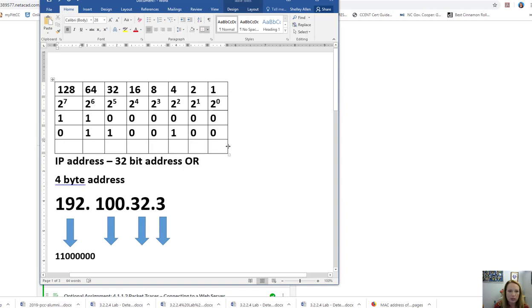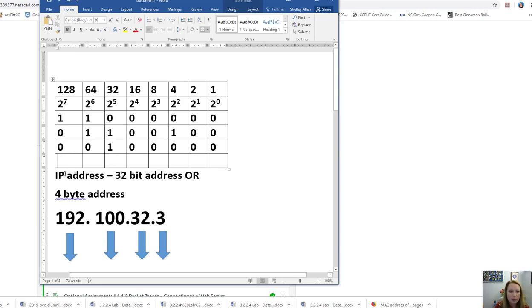Then for 32, that should be an easy one. Let's see. Oops, it's so easy I went right by it. So that represents 32. And then for the number 3, I don't need any of these. And then 2 plus 1. Okay, 2 plus 1 equals 3.